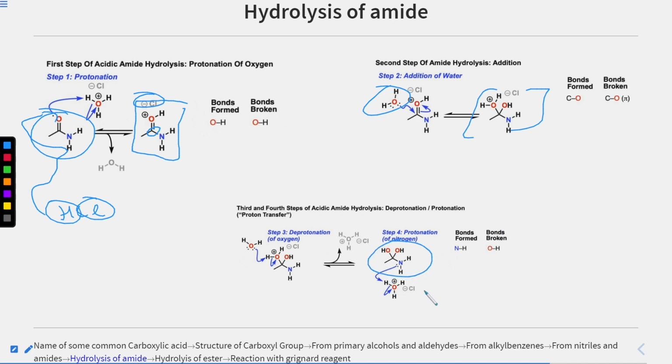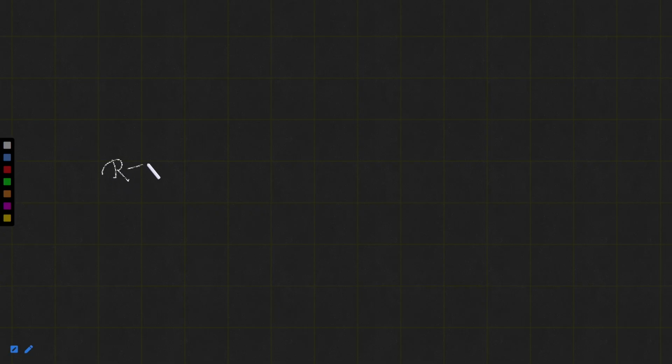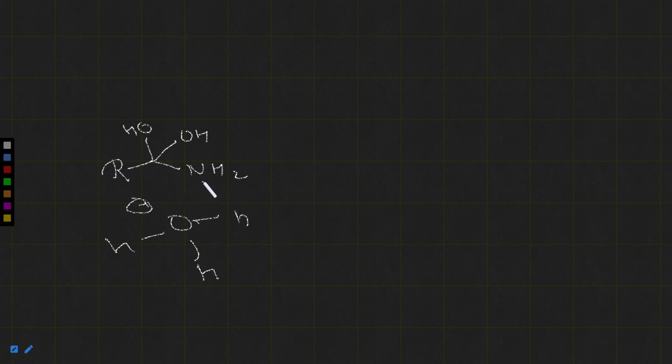Now this diol will again take the H+. The last step is not very clear, so I will do it for you. We have one OH, again one OH, and NH2. Now H2O is being protonated due to the presence of acid, and it is H3O+. This will be taken by NH2.